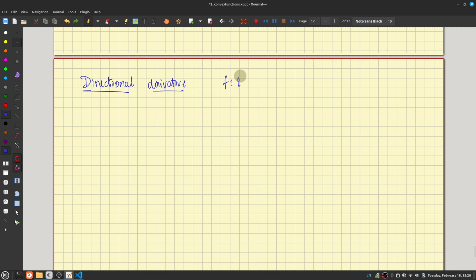Suppose that f is some function from Rn to R, and the gradient exists at x. v is, let us say, some direction. So it's just some unit norm vector.